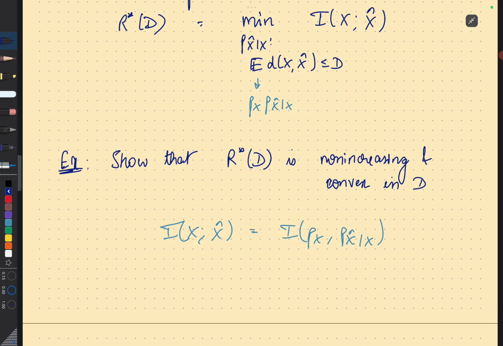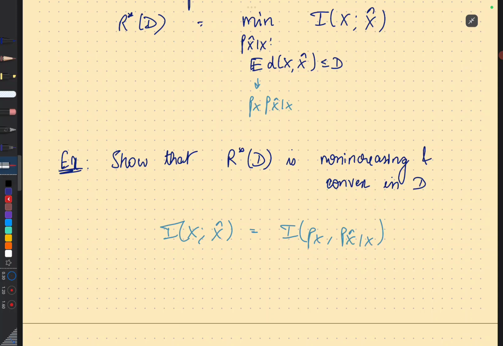Now, if I fix a particular p(x) and I vary p(x hat given x), because p(x) is determined by the source, we don't have any freedom in choosing p(x). But if I look at this as a function of p(x hat given x), because p(x hat given x) determines this expected distortion, then the mutual information is convex in p(x hat given x).